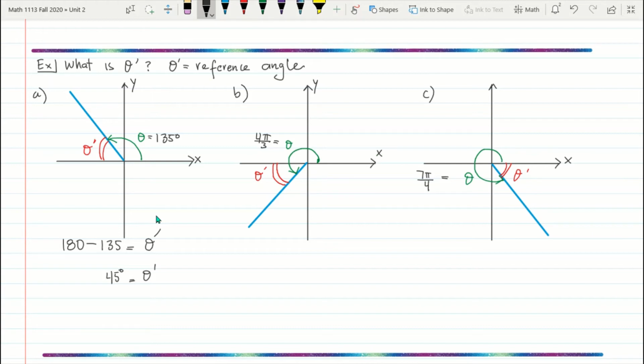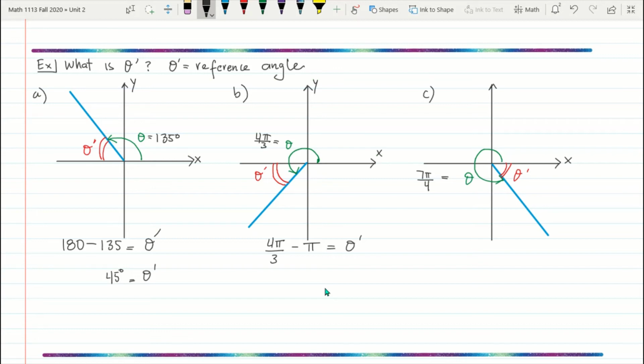Now, the first example was in degrees, but it can also be in radians. So let's look at example B, and let's figure out what the measurement is here. Well, the reference angle is here in the red. How do we figure that out? Well, 4 pi over 3 is larger than half a rotation, right? So 4 pi over 3 minus pi is going to give me theta prime.